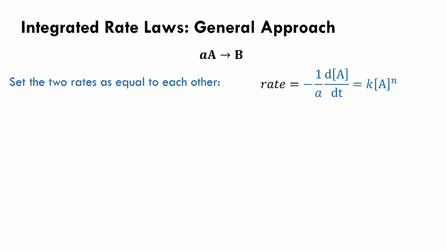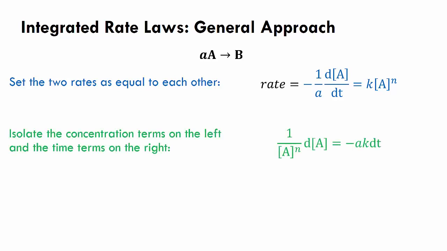Here, we've set those two different ways of looking at the rate as equal to each other. What we can do now is separate the derivative and put all of the concentration terms on the left and all of the time terms on the right. We've taken the coefficient, little a, and the negative sign and moved them over to the right, and we've kept the rate constant k on the right, so that on the right side we have -a times k times dt, and on the left we have only the concentration terms, 1 over the concentration of A to the power of n multiplied by dA.